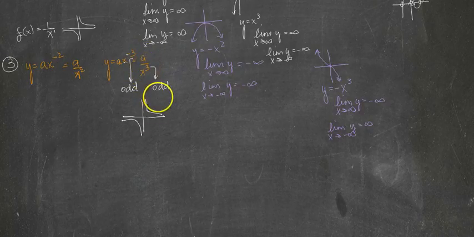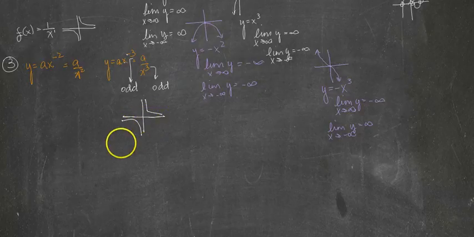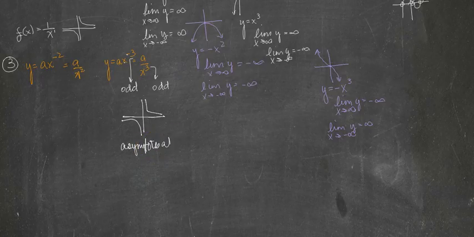And so you're going to have your limit notation, you're going to have asymptotes at y equals 0 and x equals 0, and you're going to have limits that mimic the behavior of the rational function.